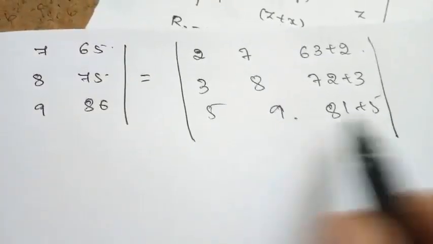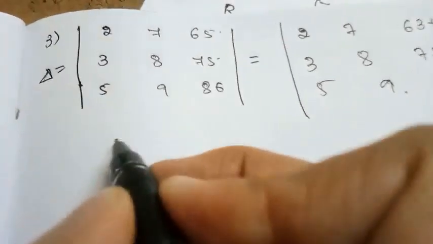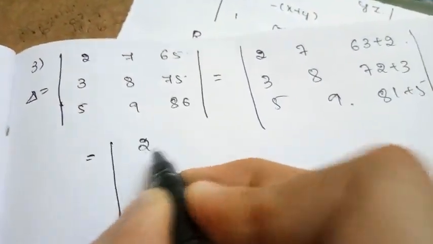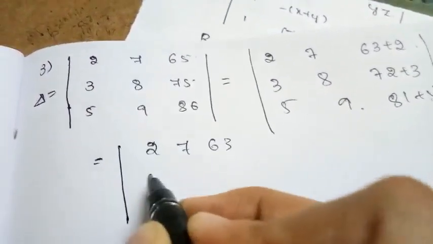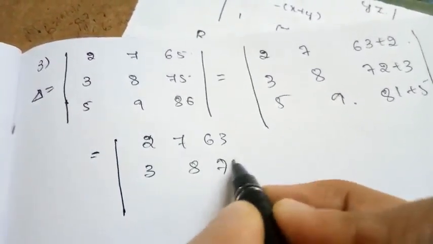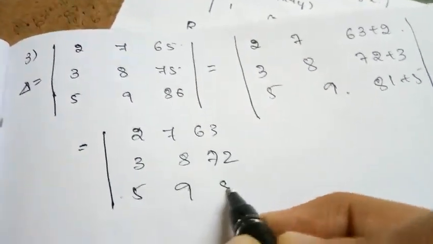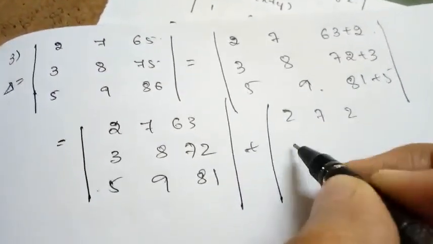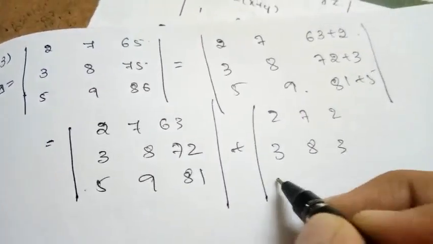After writing the determinant in this manner, I can express it as a sum of 2 determinants: 2, 7, 63, 3, 8, 72, 5, 9, 81 plus 2, 7, 2, 3, 8, 3, 5, 9, 5.